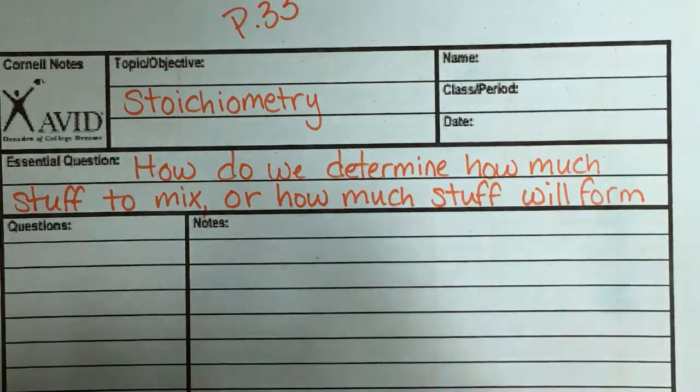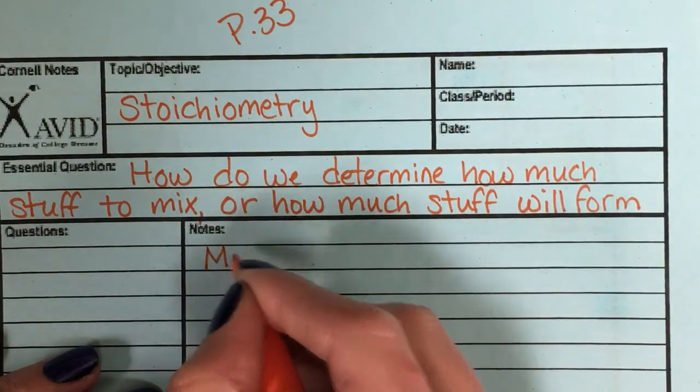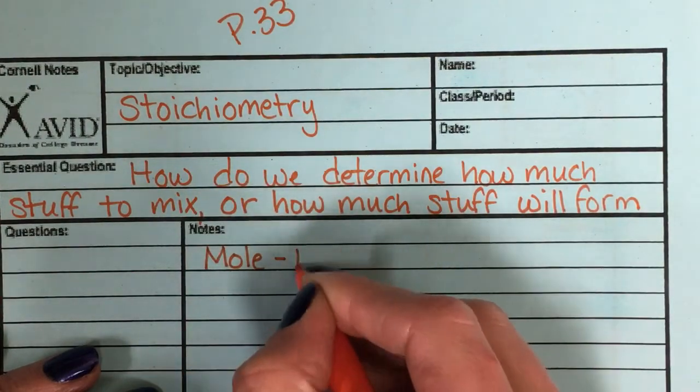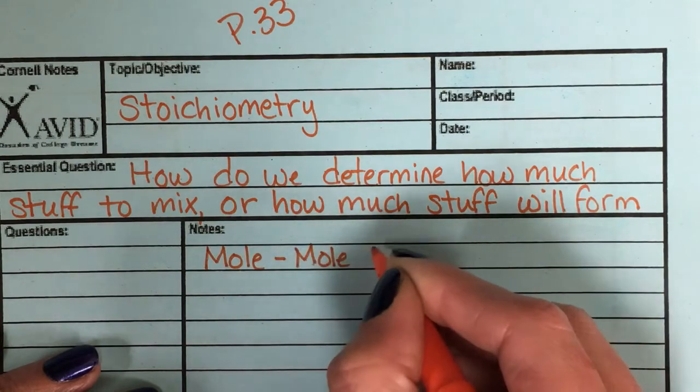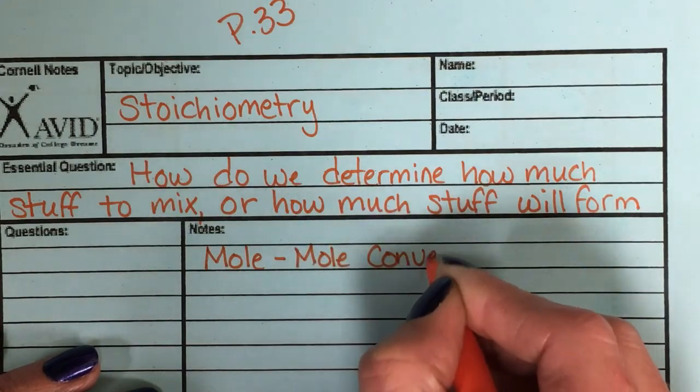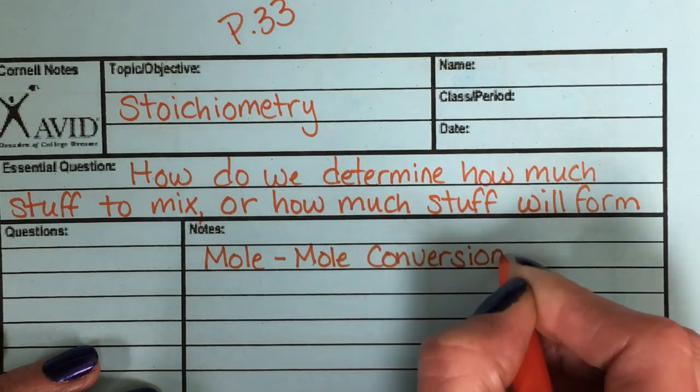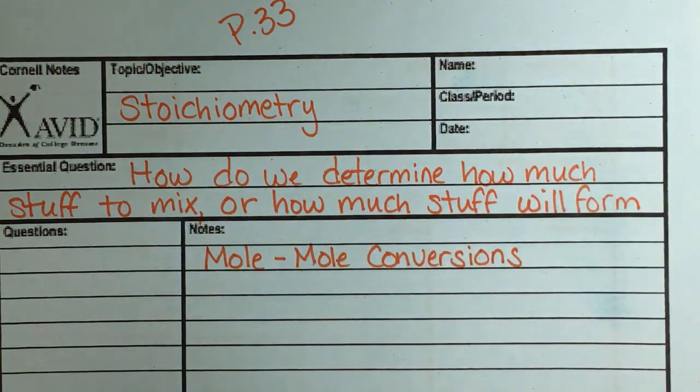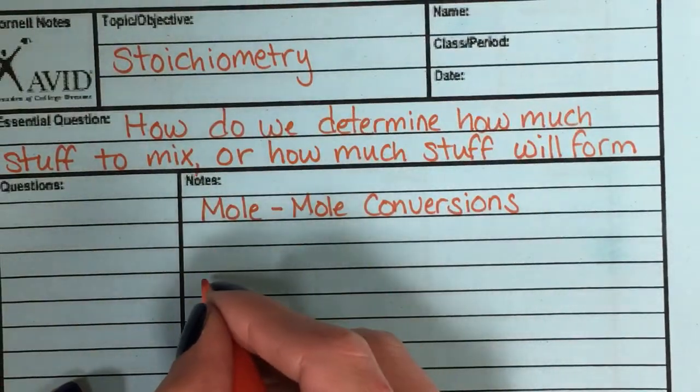Now first we're going to start with something new. We're going to look at mole to mole conversions. Now anytime we ever do stoichiometry, I'm going to need a balanced chemical reaction. Okay, so here's my balanced chemical reaction.